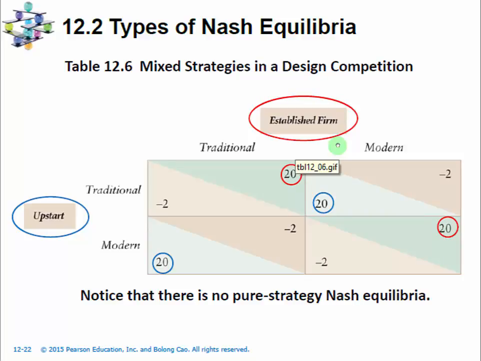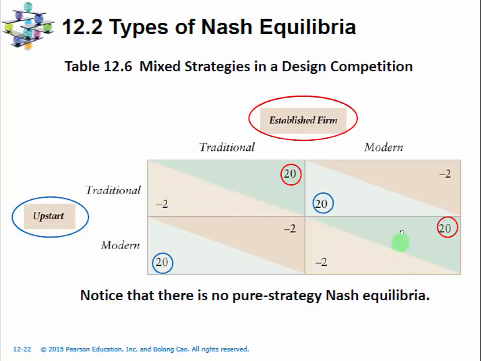Two architectural firms are competing to win a design. One is an established firm, the other is an upstart. If both of them choose the same style, the established firm will win. So if both of them decide to submit a traditional design, the established firm will win and the upstart will lose.